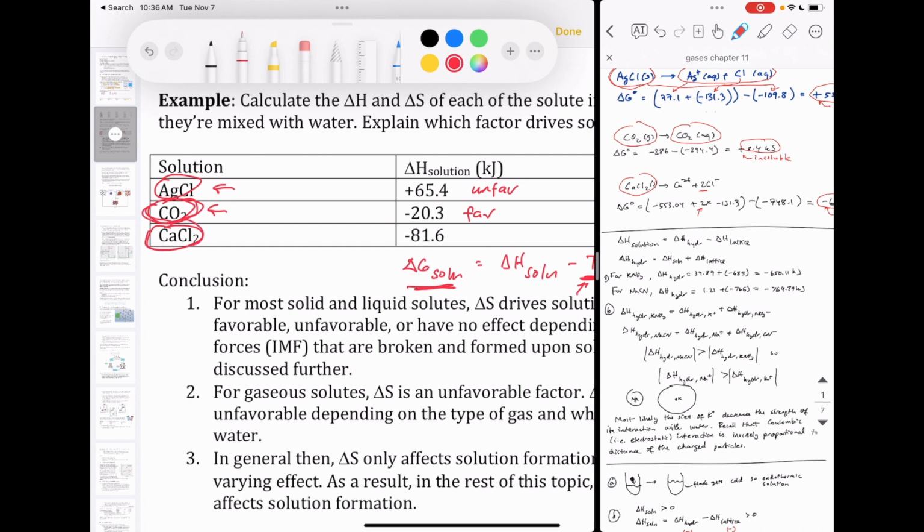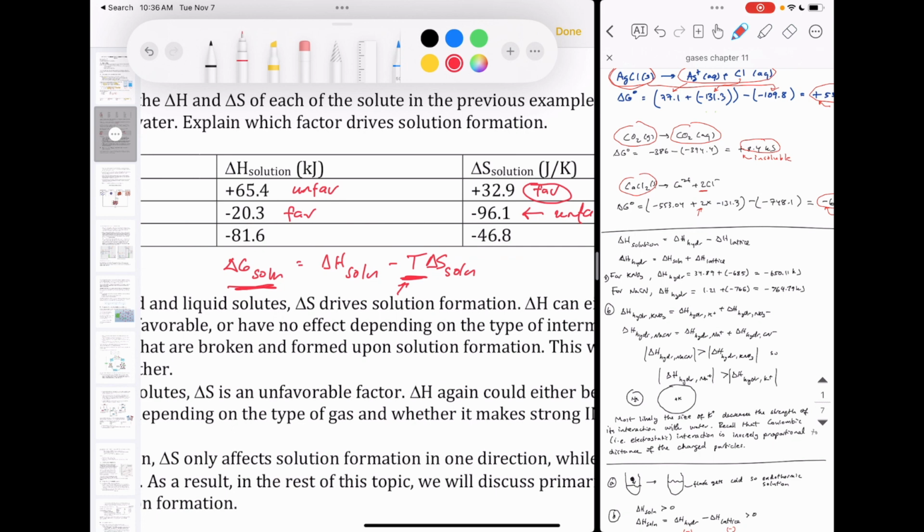The last component, which is CaCl2, is interesting because it actually has the same exact pattern like the CO2, exothermic delta H, and then unfavorable entropy. However, in this case, the delta H is so exothermic, it's negative 81.6, it's pretty favorable. It's so favorable that it overcomes that delta S of solution.